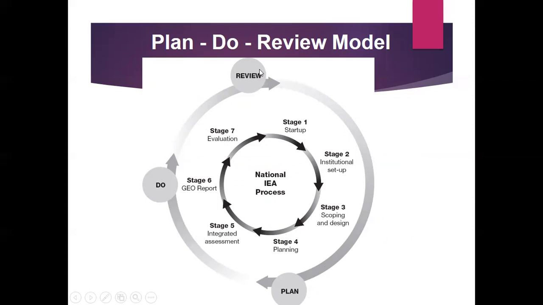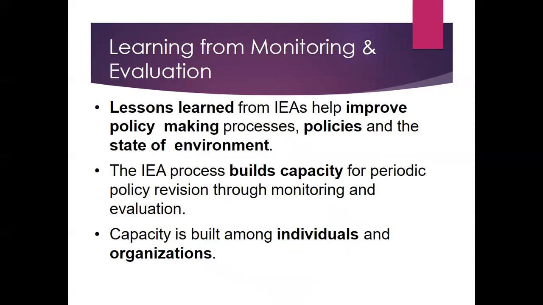And then stage 7 is your review portion or review phase of the entire process. All right, so these are just 2 perspectives of the same thing. One is a little more detailed, that's your inner cycle, and the one on the outer cycle is a little more general.